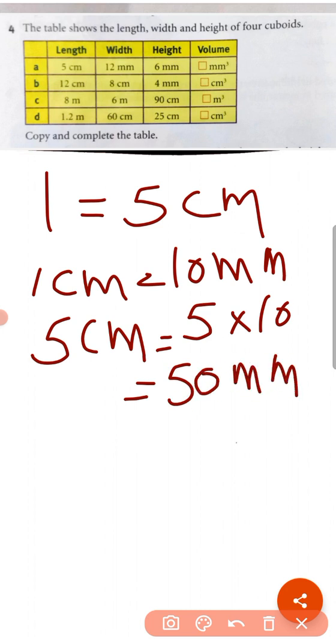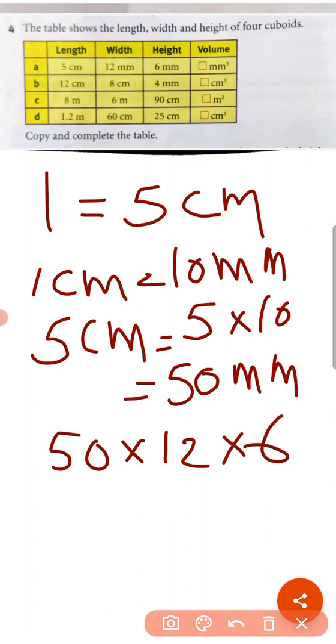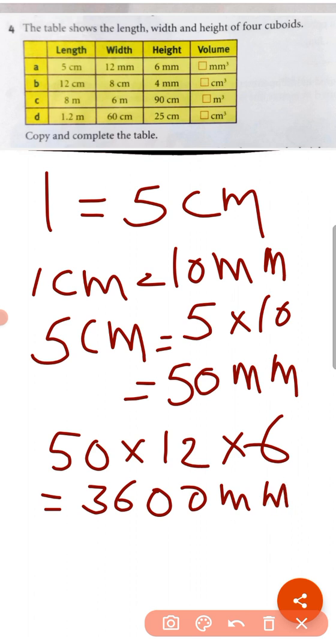Now find the volume. Length into width into height, that is 50 into 12 into 6, which is equal to 3600 millimeter cube. Millimeter cube means millimeter into millimeter into millimeter.